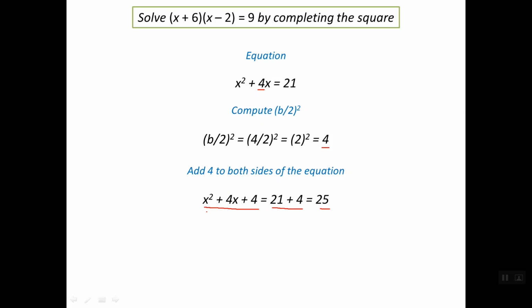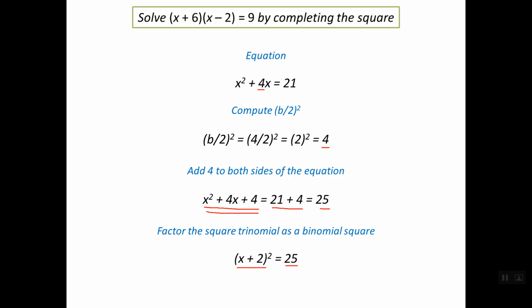As you see here, the left side of the equation is a complete square. So we can simply factor the left side to be x plus 2 all squared. And the right side is 25.